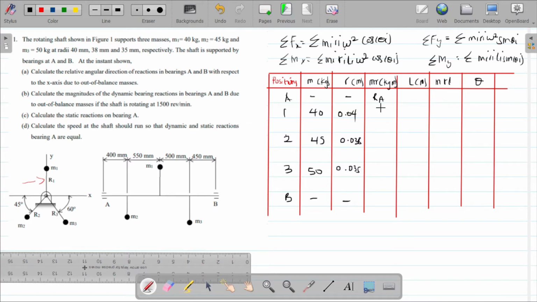For B it is dash. So for the forces, for 1 we have m1 r1, 40 times 0.04, that's 1.6.